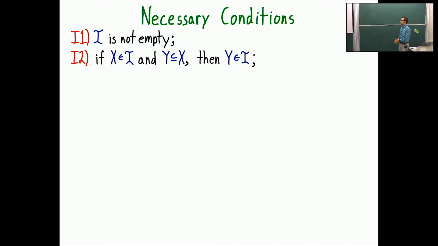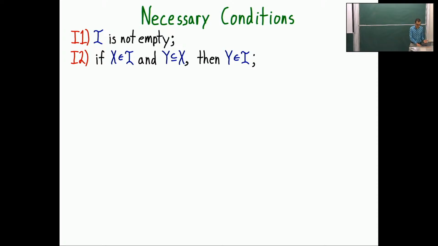Okay, so first, some immediate necessary conditions one will notice. You can't have no independent subsets. The empty set is always going to be independent. And if you have an independent set, then any subset will also be independent.